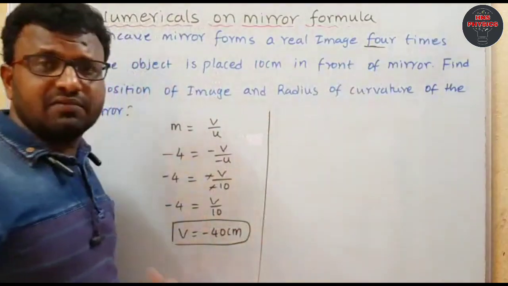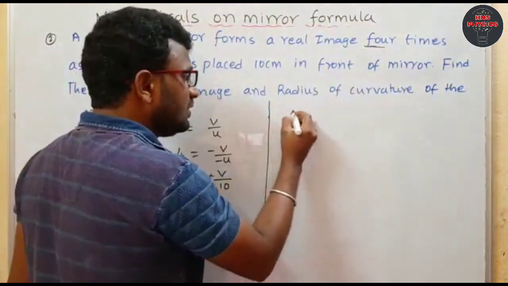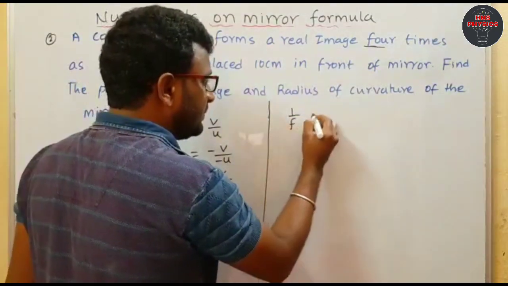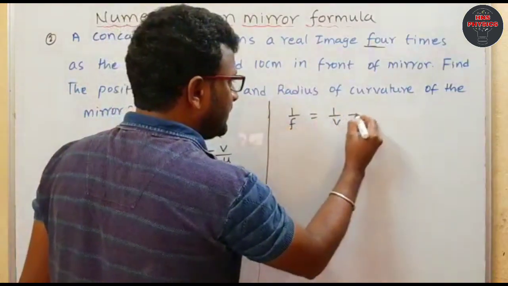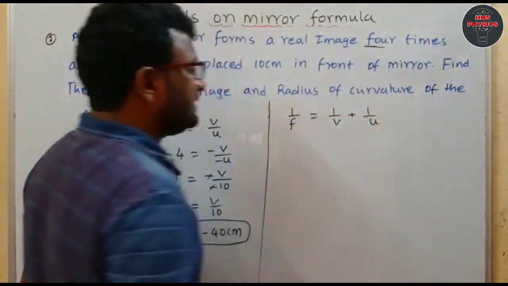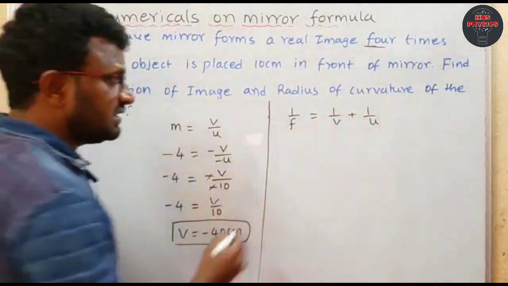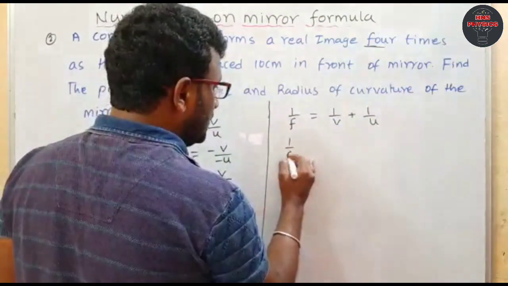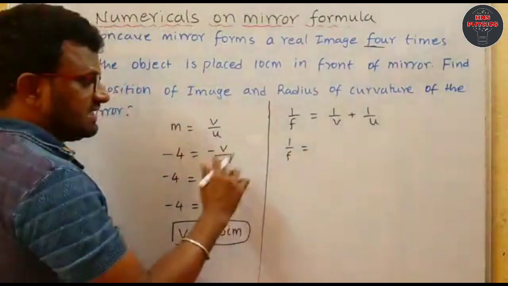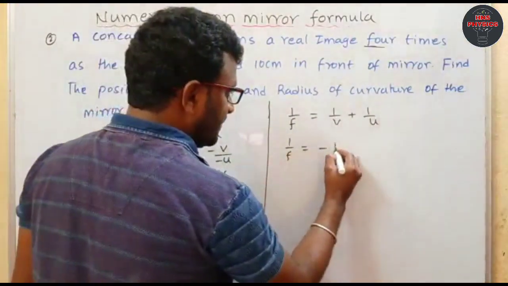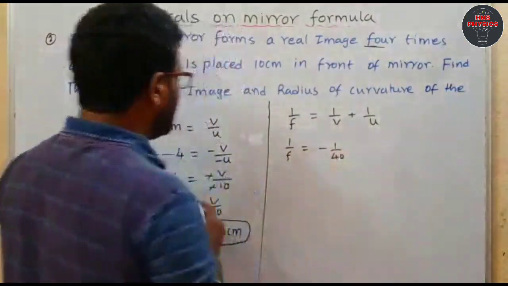To find the focal length we have to use the mirror formula, 1 by F equal to 1 by V plus 1 by U, right? So 1 by F here. For these two we have to take the sign convention, right? 1 by F equal to, image distance negative, already we got it, minus 1 by 40. And what about the object distance?